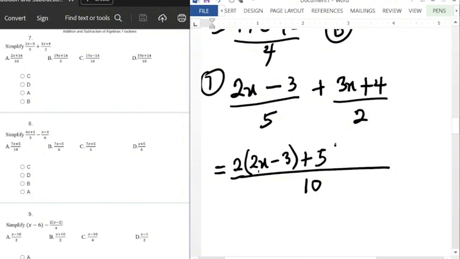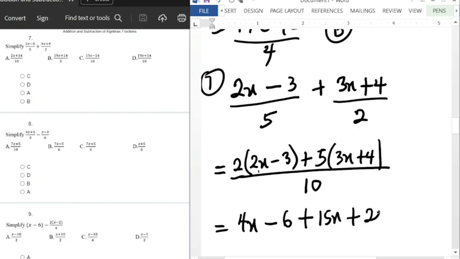So 5 is multiplying 3x plus 4. 2 times 2x gives us 4x, minus 2 times 3 is minus 6, plus 5 times 3x gives 15x, plus 5 times 4 gives us 20. Everything divided by 10.